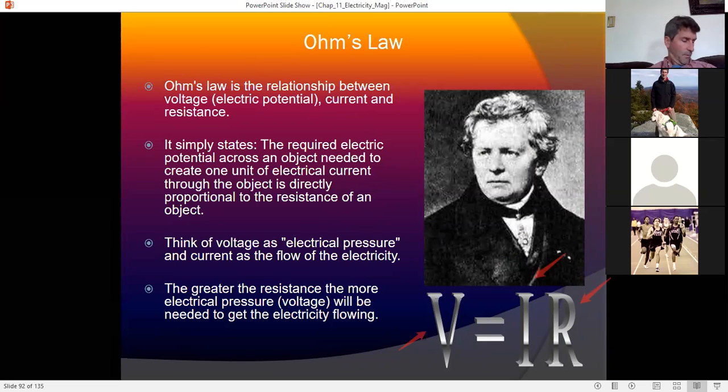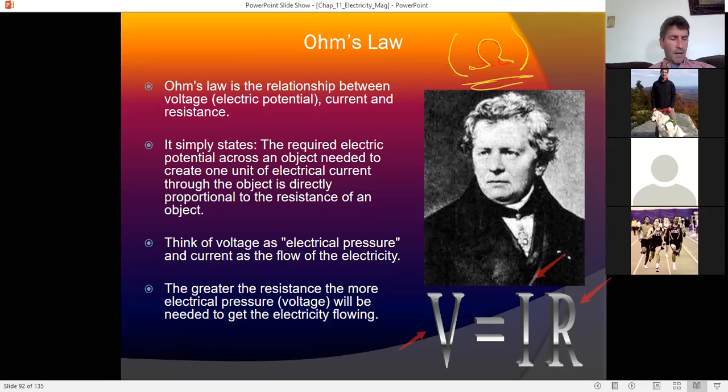The resistance, measured in ohms, with an omega symbol, tells you how much voltage you need to get a particular current. The lower the resistance, the easier the electricity flows through something. The higher the resistance, the more voltage we need to get the same amount of current.